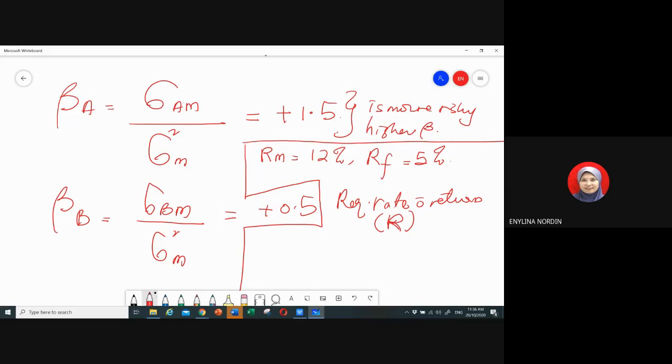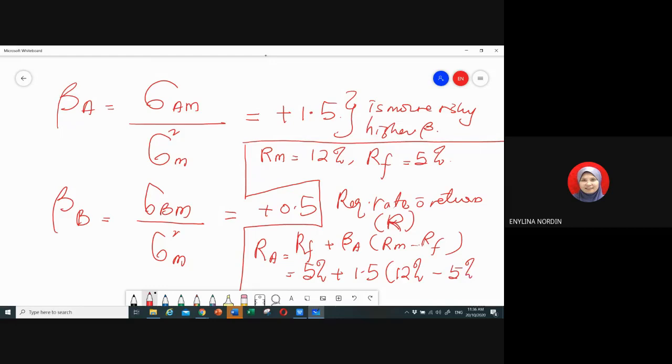Okay, so how are we going to calculate the required rate of return on stock A? Okay, that is RF plus beta stock A times RM minus RF. Okay, so what is RF? 5% plus beta positive 1.5. If it's negative, don't forget to put the negative sign, be careful. And times market risk premium, which is 12% minus 5%.